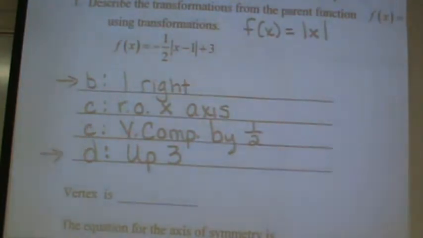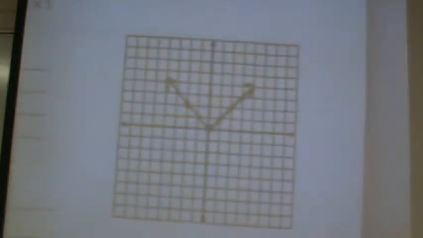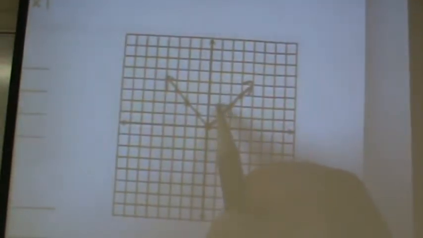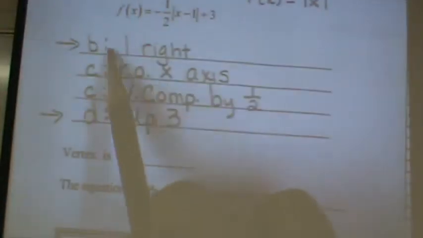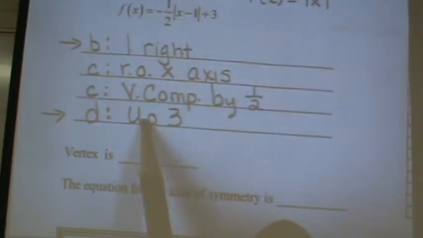B and D are the big ones. If we go 1 unit right and up 3 right here, what's this point called, 0, 0? It's the origin, but do you know the special name? It's the vertex. So what we did, B and D are very important to us in these equations.